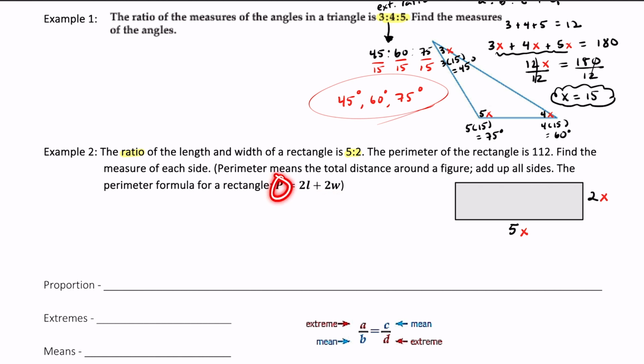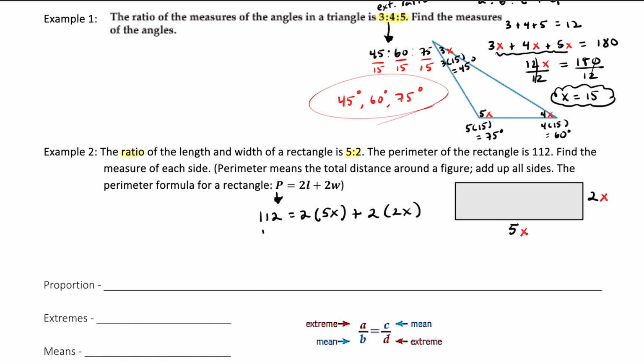So we actually know what the perimeter is. That's 112, right? So I'm going to replace P with 112, which is equal to 2 times, what's the length? It's 5x, plus 2 times the width, which is 2x.